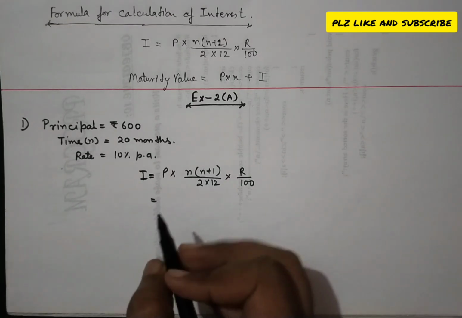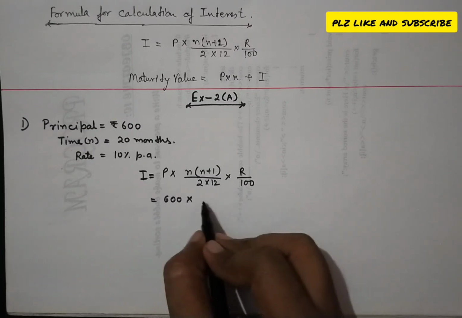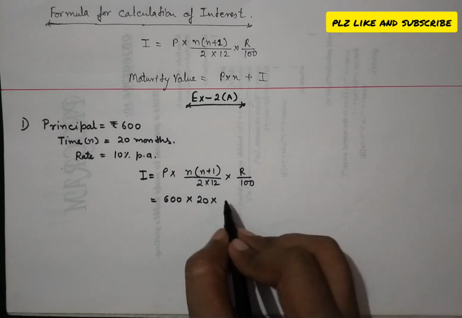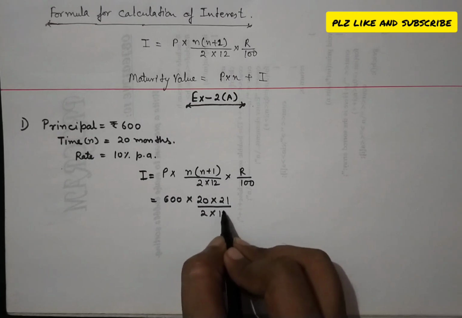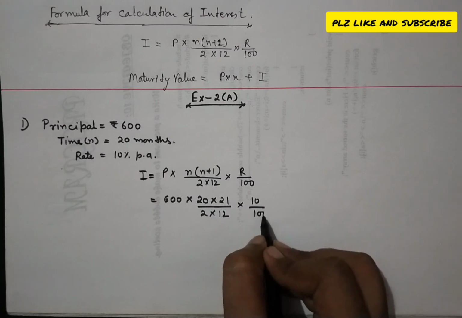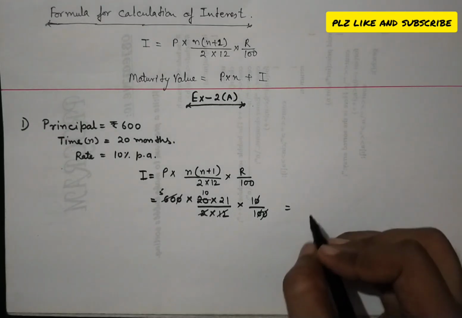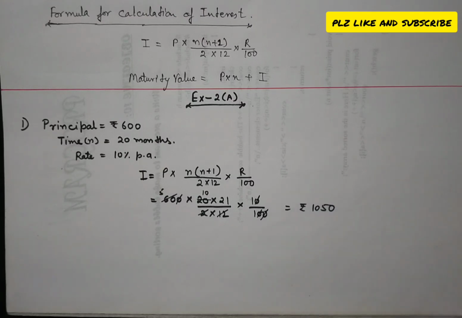Here P is 600 into n is 20 into 20 plus 1, that is 21, upon 2 into 12 into 10 upon 100. Now we'll be solving this to get the interest. On solving this we get rupees 1050 as the interest. Now the maturity value.